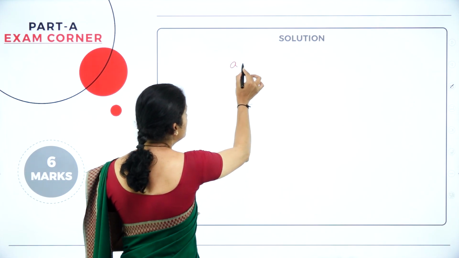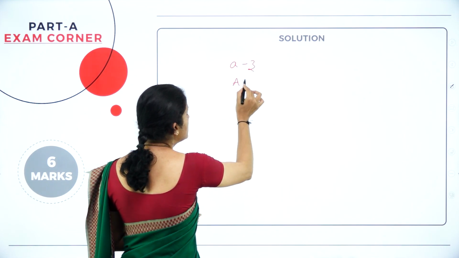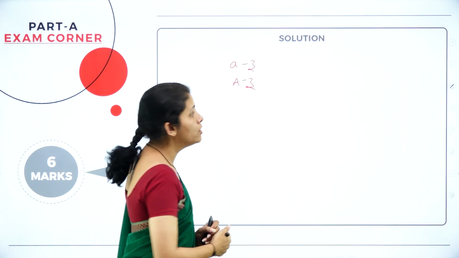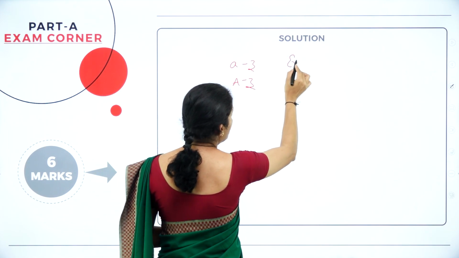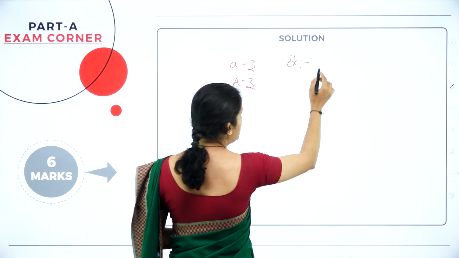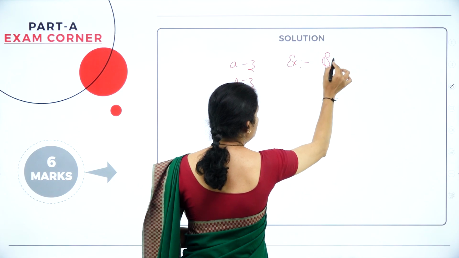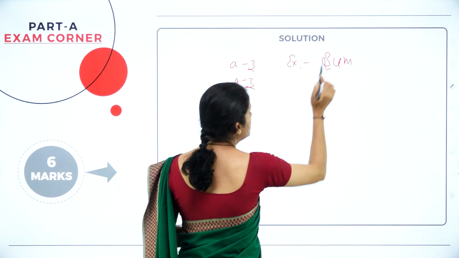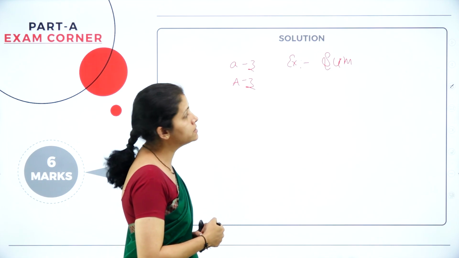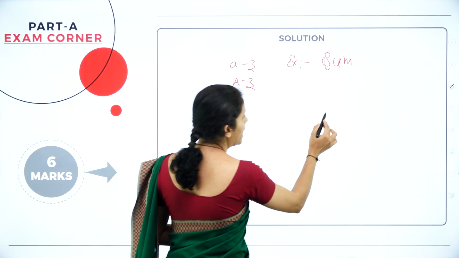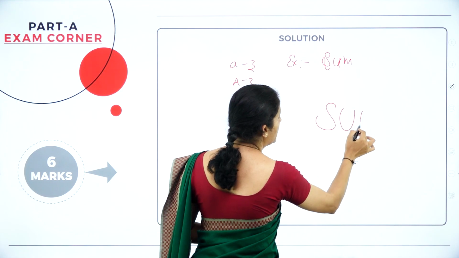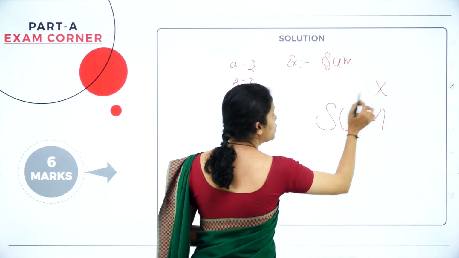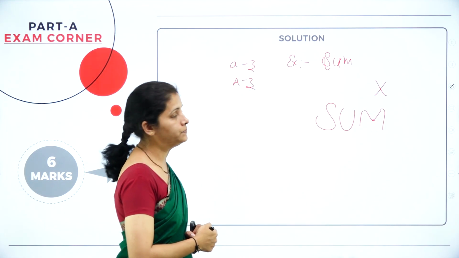Uppercase letters and lowercase letters are different. For example, if I define the variable sum, S is a capital letter, u is a small letter and m is a small letter, and in my program if I use SUM, it is wrong. So I'm going to get the error.